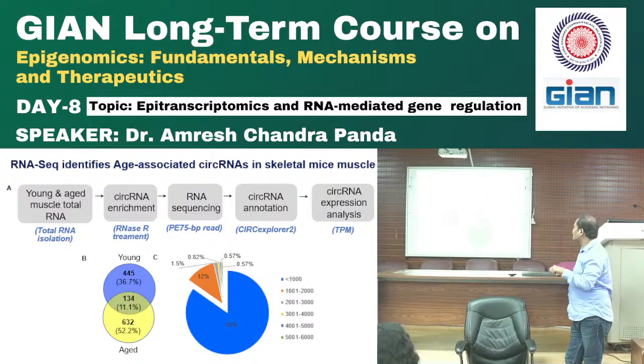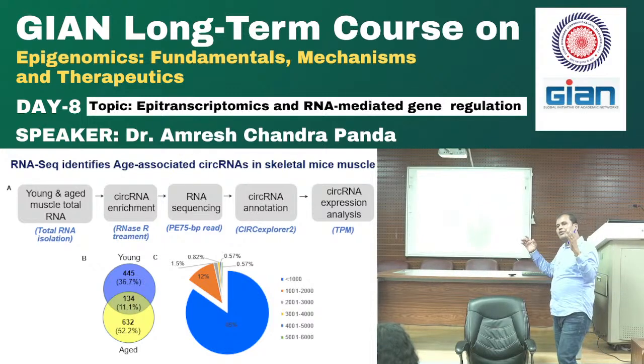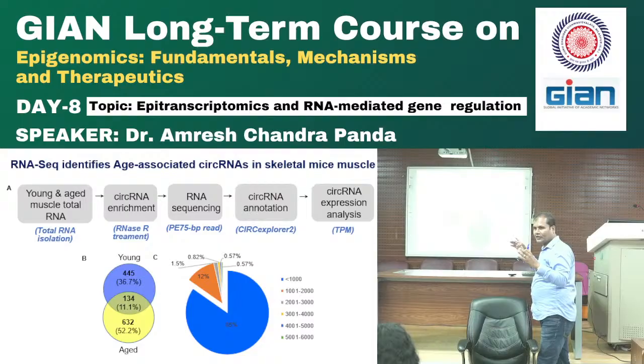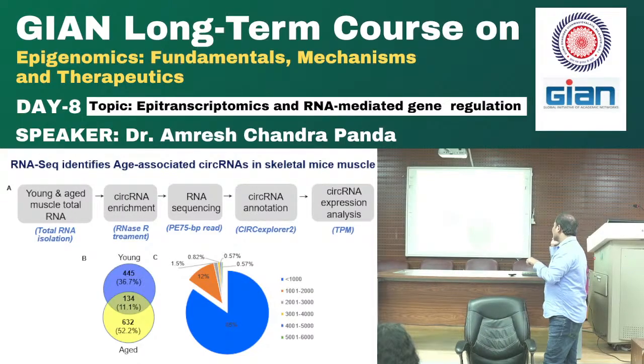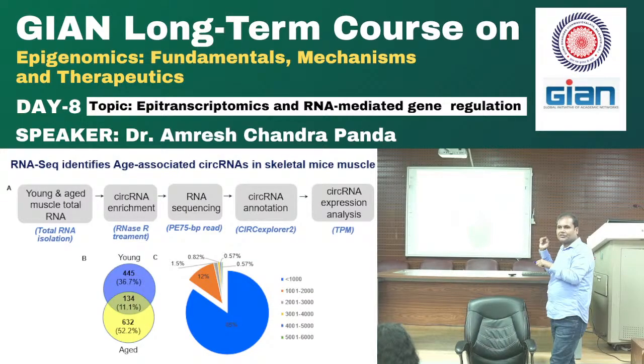You find some are exclusively in the young, some are in the aged mice, and then look at how big the circRNAs are. Majority are below 1000 bases. Some are very long circRNAs, but majority are within 1000 bases.